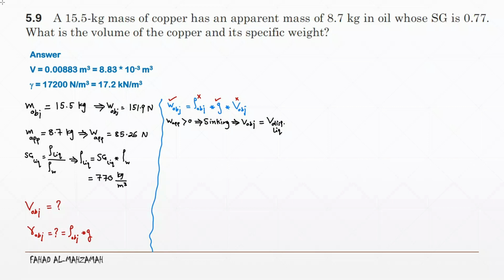Now, we have volume of displaced liquid. It can help us. From where can we find the volume of displaced liquid? I can find it in the buoyancy formula. So buoyancy now is equal the rho of liquid multiply G multiply volume of displaced liquid.